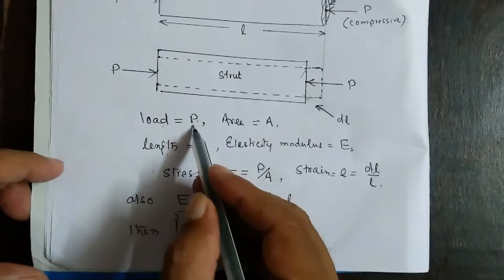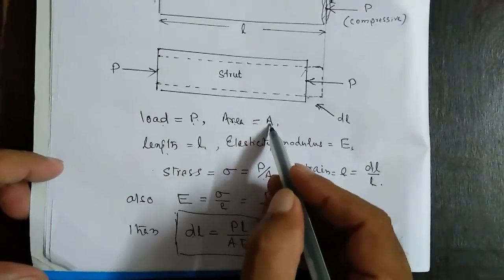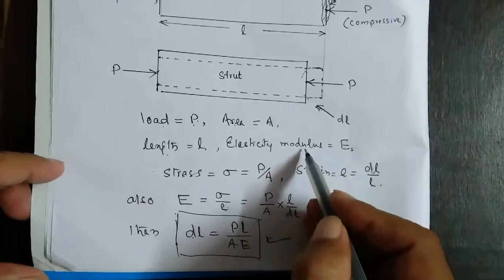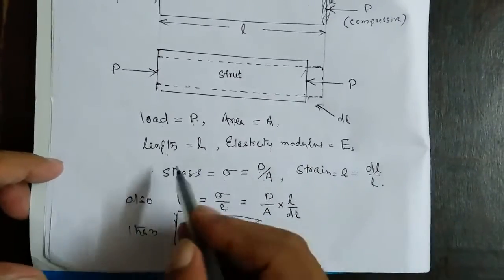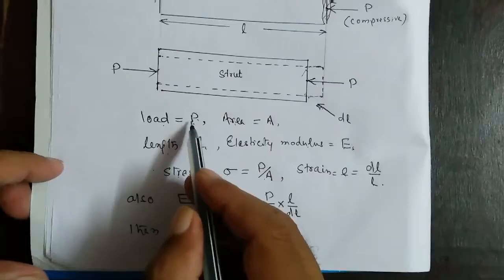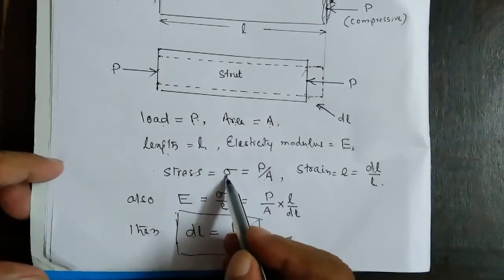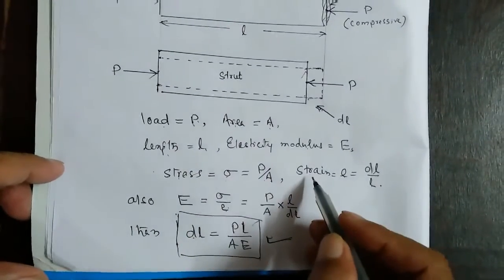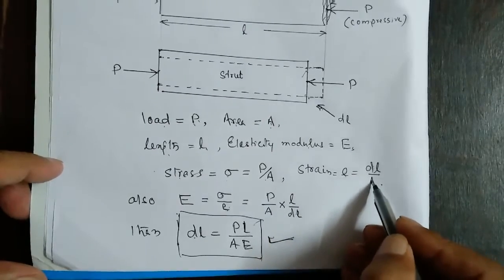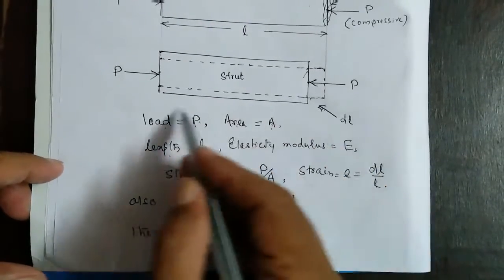Now suppose load is equal to P, area is equal to A, length is L, elasticity modulus is E. Then stress, as we know, sigma is equal to P by A. P divided by area will give you stress. Similarly, we can find strain, small e, that is dl by L, dl by original length.